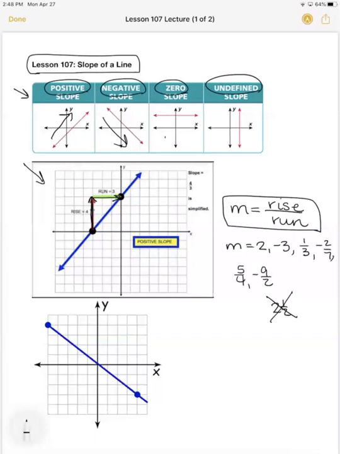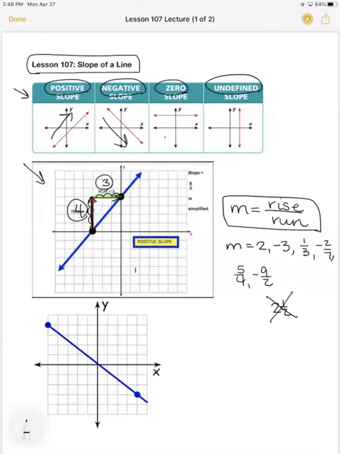So for the rise, I was going up 4 units, and for the run, I'm going to the right 3 units. These 2 numbers tell me the slope.